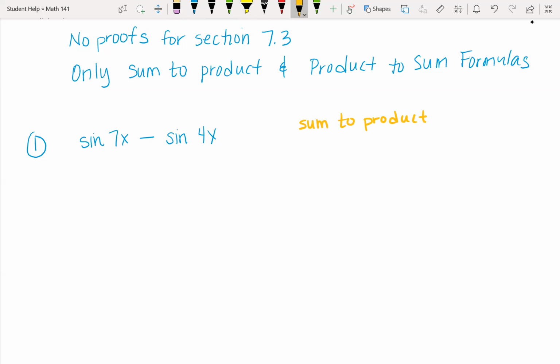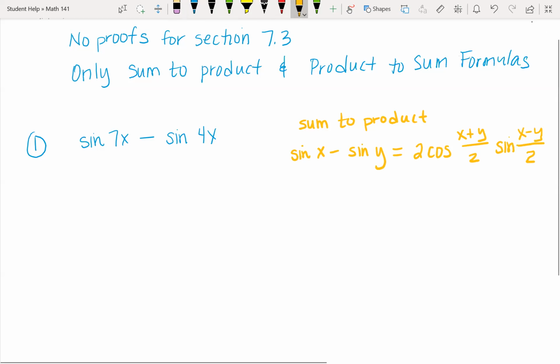So one of the formulas that you have is if you have the sine of an angle minus the sine of a different angle, you can split that up into two cosine. You take the two angles and you add them together over 2, and then sine of the angle subtracted over 2. That should be a y.